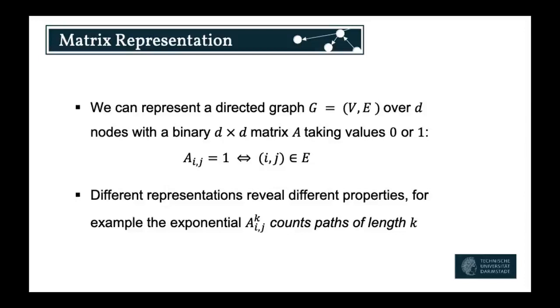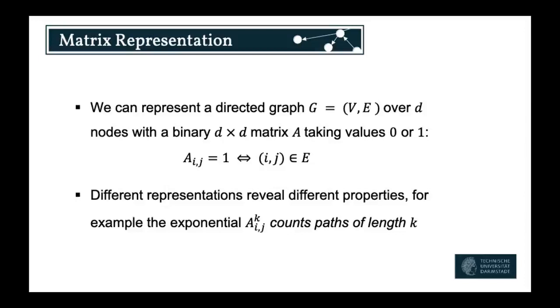And if you have some results here and results there and you can bridge them, that's awesome, because you can improve both fields simultaneously. For example, one very nice property of the adjacency matrix representation of a graph is the following: if you take the exponential of a matrix, doing the matrix multiplication k times, this actually counts the paths.